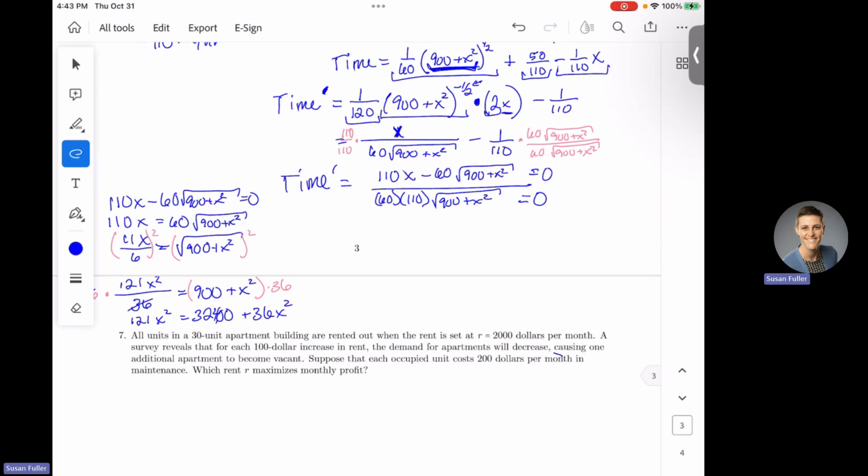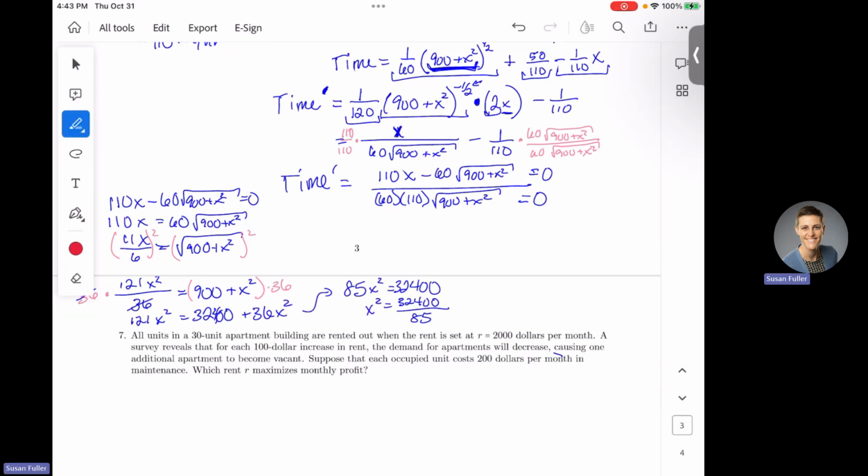Now I can subtract that 36x squared over. 121 minus 36 gives me 85. X squared's over here. And I still have this 32,400 over here. So I'm going to divide both sides by that 85. And so I'll get this.